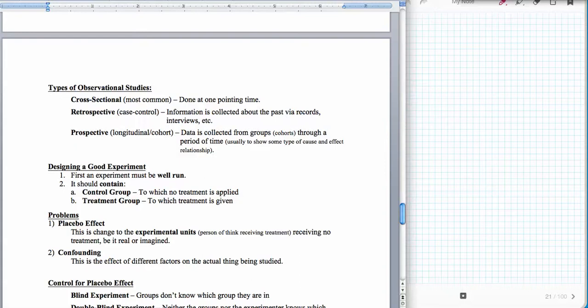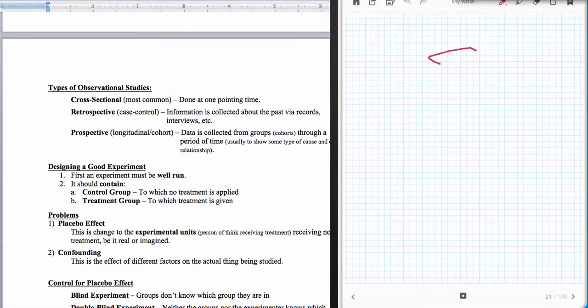So types of observational studies are cross-sectional, which is the most common, and that's just at one point in time we take observations. That's what cross-sectional means, right? So if you've got a tree and you cut a cross section of it, you're just seeing what it looks like at one point in time, or one place in the tree.